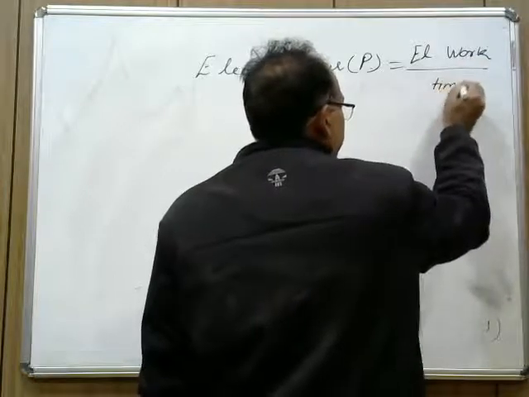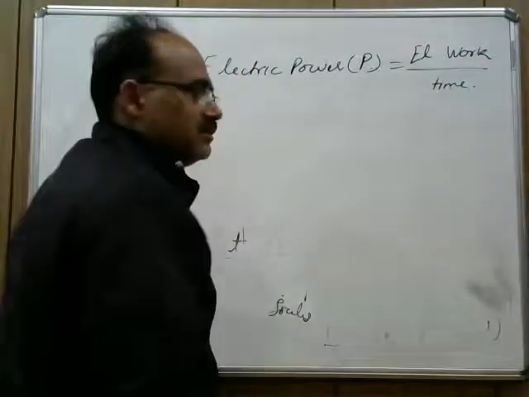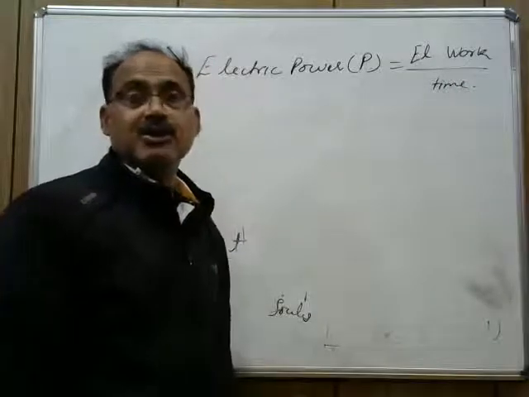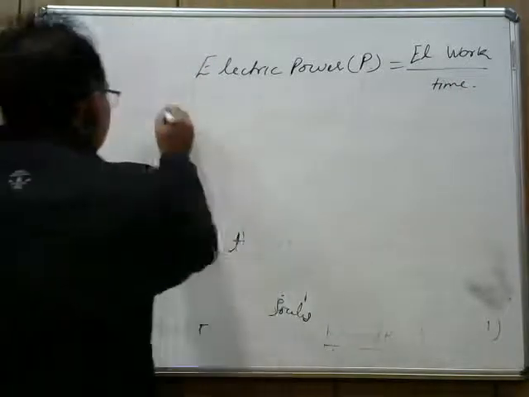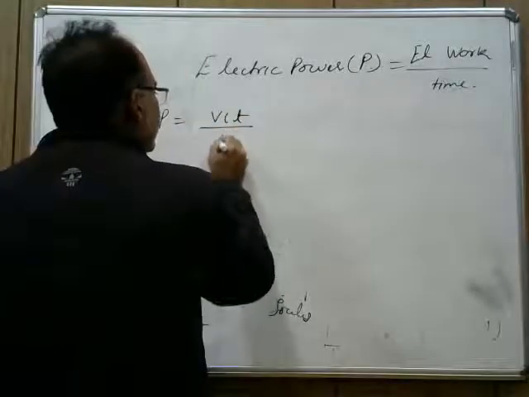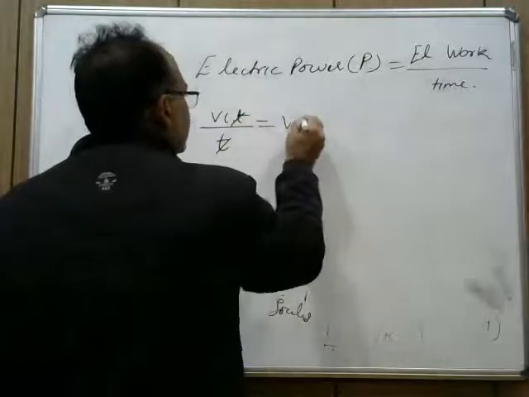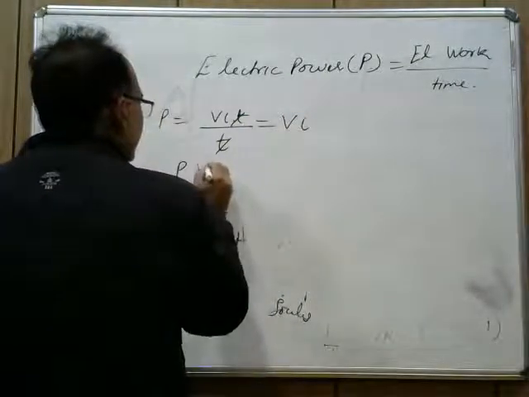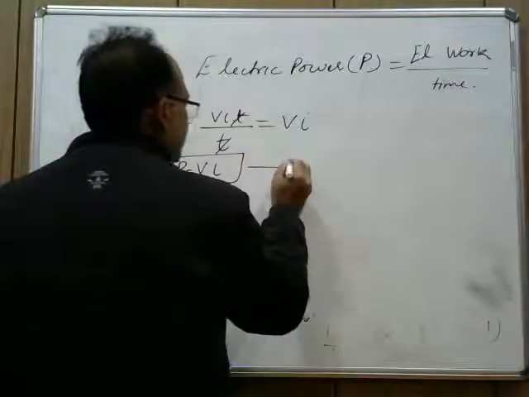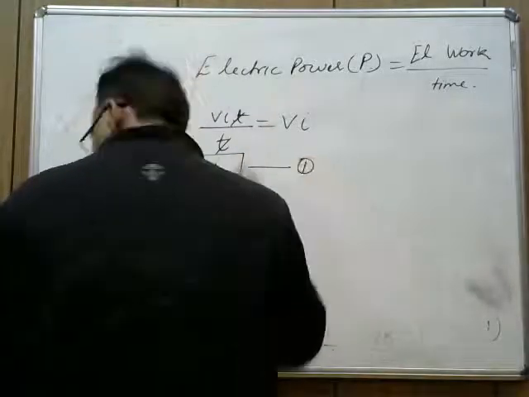So we have obtained the expression of electrical work, and that is equal to expression of heat. So we can write first expression of power as VIT divided by T. This T cancels out, this is VI. So one of the formulas for power is VI, this is expression 1.